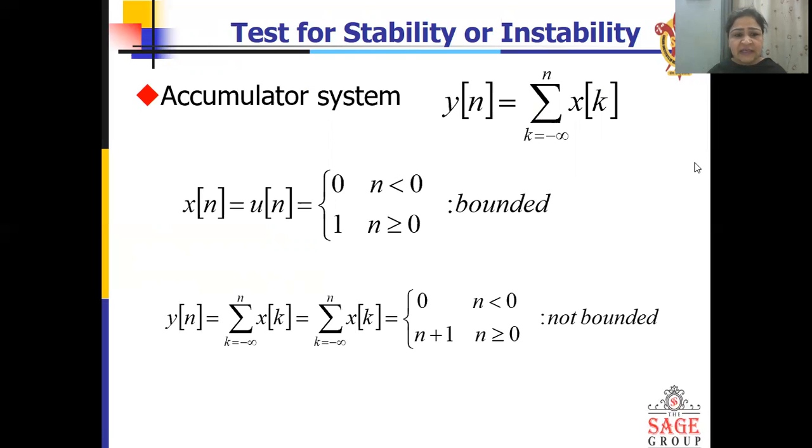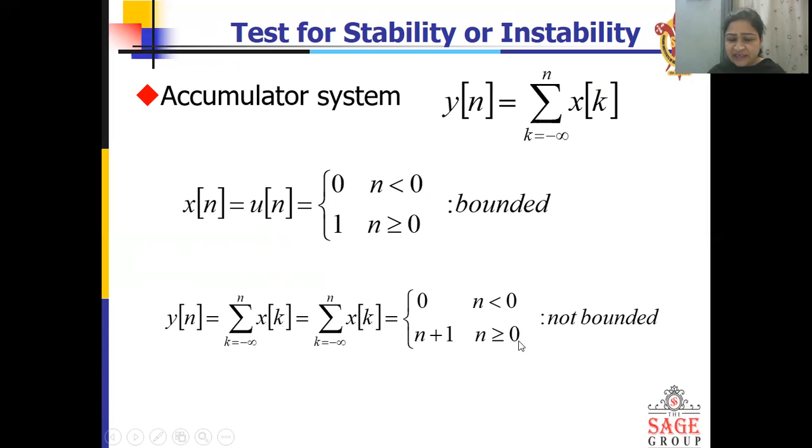Now consider if I say x[n] is equal to u[n], which is unit step input. Now unit step input, we know it is 1 when n is greater than or equal to 0 and it is 0 when n is less than 0. Now if I consider an accumulator system y[n], which is summation k equal to minus infinity to n of x[k], then, the value of the input x[n] is 1. Now, if n is less than 0, the value will be 0.